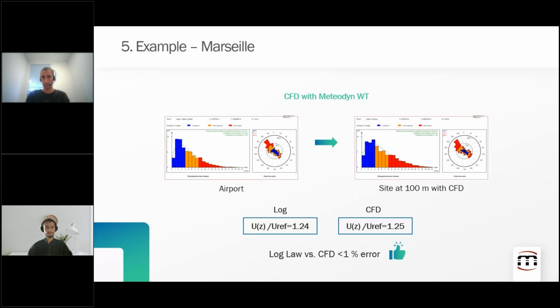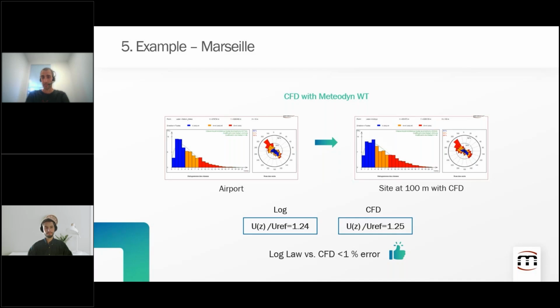Roughness, 24% more wind speed than the airport, and the CFD gives me 25%. So these are good numbers. So in this case, I could get rid of CFD. And you see that the wind direction at the airport and over my site are roughly the same. The topography didn't affect, so that's good.